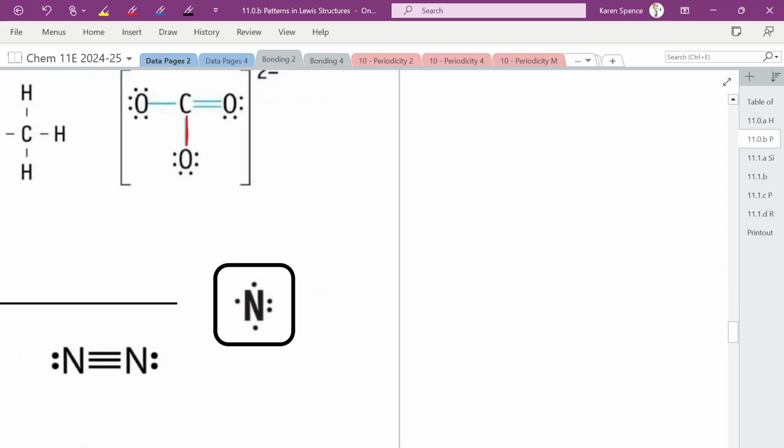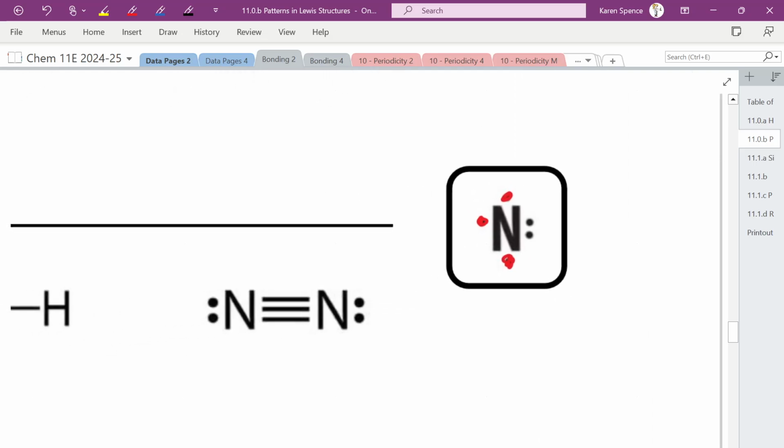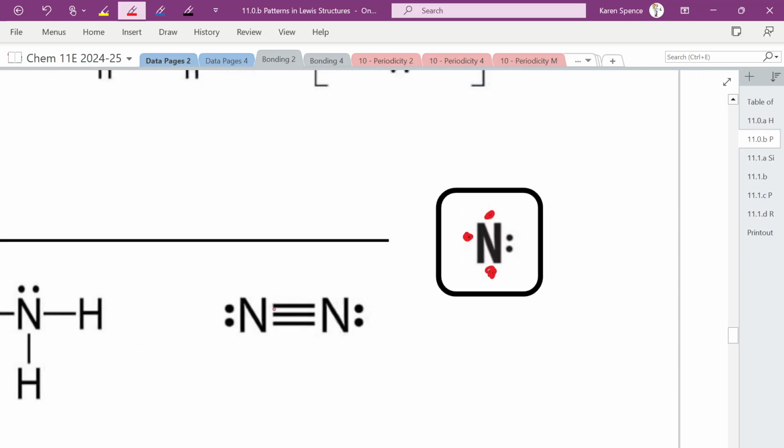Nitrogen. How many bonds would you expect nitrogen to have? 3 bonds. And look at that. When you have diatomic nitrogen, it is a triple bond. What is the hybridization of that N? sp.